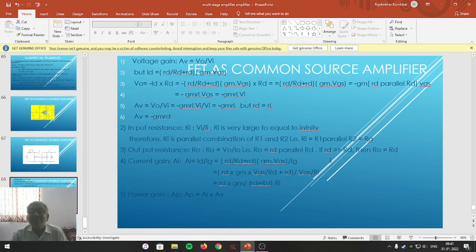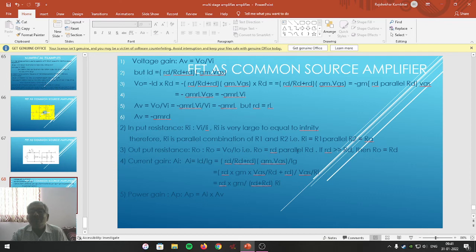And that is given as RO equal to small rd parallel to capital RD. This means small rd capital RD upon rd plus RD, which is here. Look at it. This is the resistance into its current source.